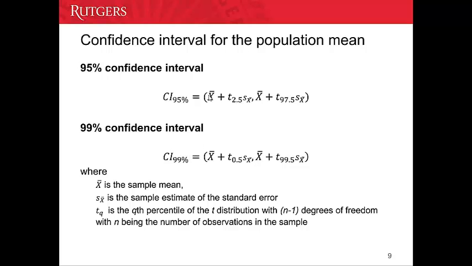So you can see we switch from the t2.5 percentile to the t0.5 percentile, and we switch from t97.5 to the t99.5 percentile. So this interval includes 99% of all the observations that lie below and above the sample mean, which means this interval contains the population mean with probability 99%.